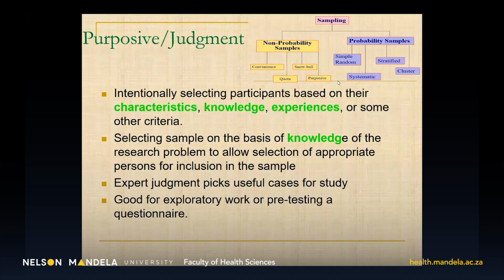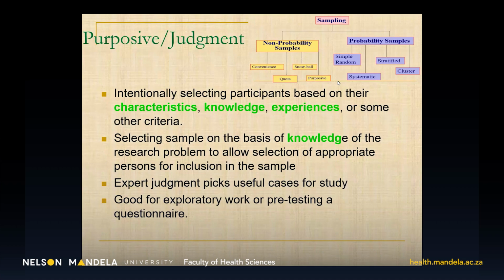Come to think of it, I want to understand something about nurses in a given hospital or institution. I might put them all in a hat, remember that hat or that jug, and check their names and randomly pick the names and then go to the names that I've picked. You see, that is random.